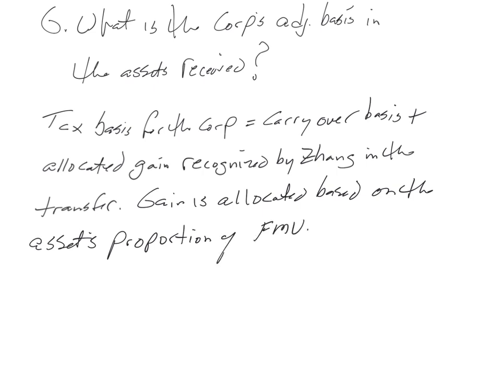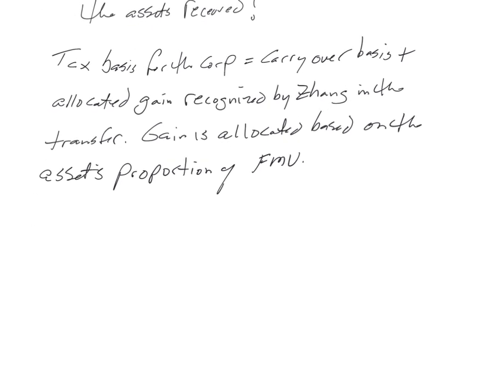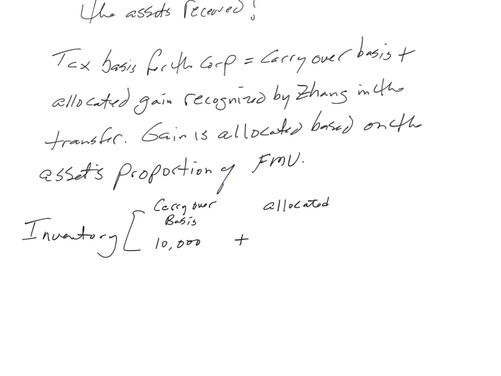Okay, so let's do the math on that. All right, so let's start with inventory. All right, and so what do we have? We've got the carryover basis, all right, plus allocated gain based on proportion of fair market value.